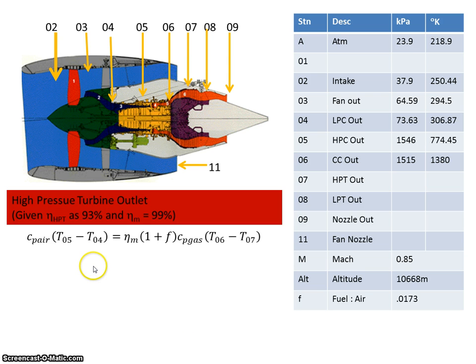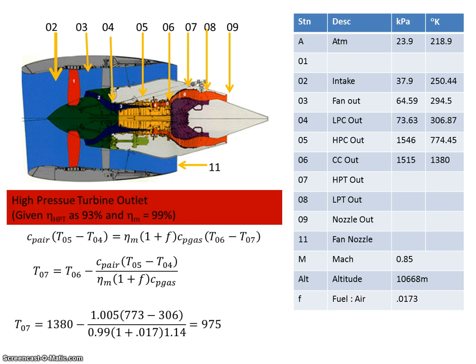So there's the equation again. When I just move that around, I am left with this. Basically I've divided this side here by that part, and plug in the numbers.